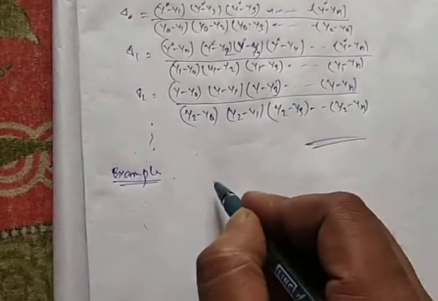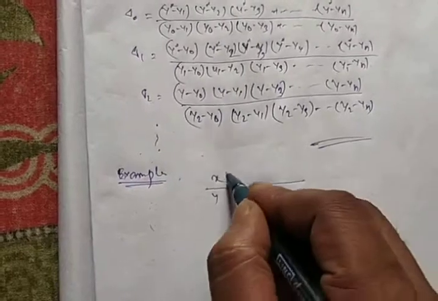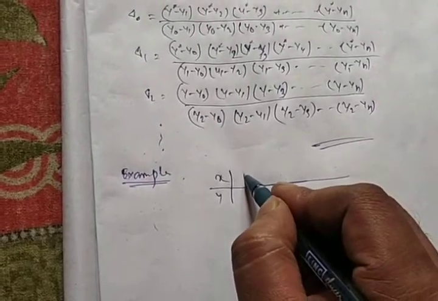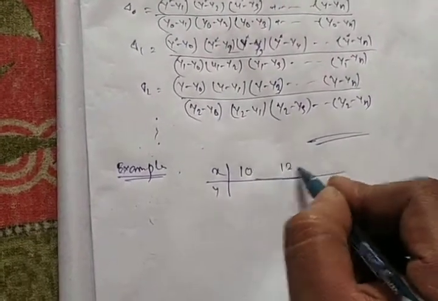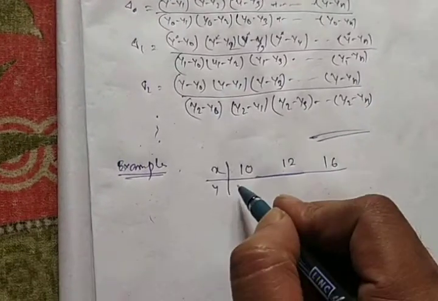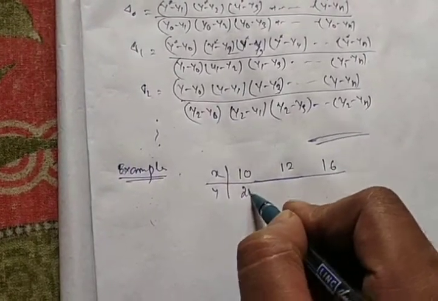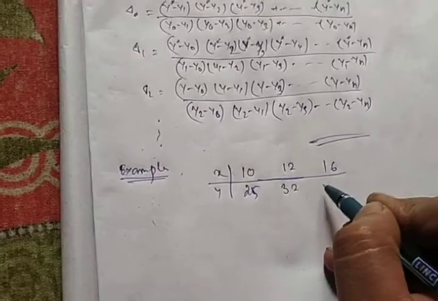Example x y. Okay, x is given 10, 12, 16, and corresponding y is 25, 32, 50.